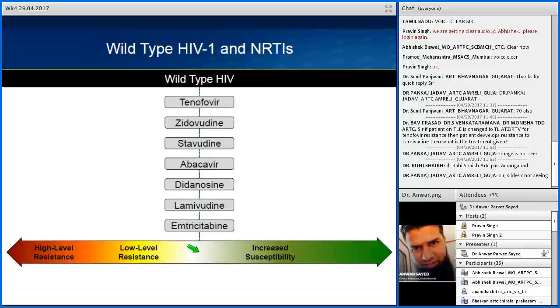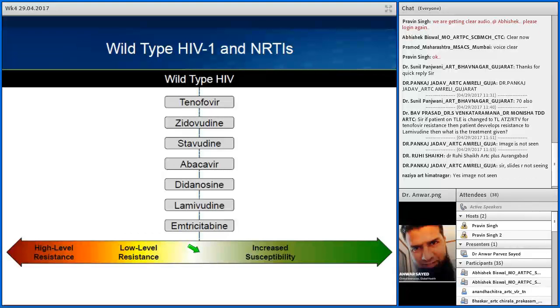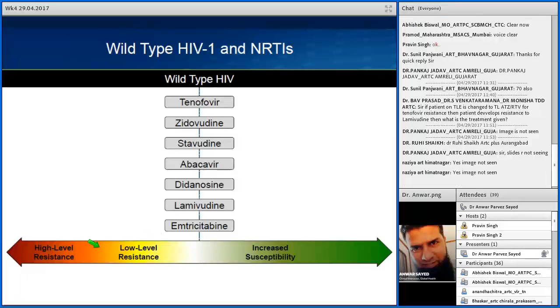We said that the wild type virus is the original virus with the expected amino acid sequence. Now we will see how this scenario changes with particular mutations, in terms of development of resistance, whether in the presence of those mutations the drug becomes more susceptible or resistant.